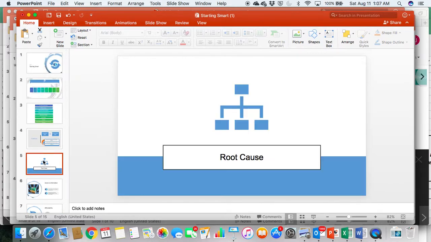Here, with all due respect, I don't really see much value in having this divider, for a couple of reasons. The other sections don't have a slide divider, and this is kind of this generic branch structure here. I don't really think it means all that much at the end of the day.